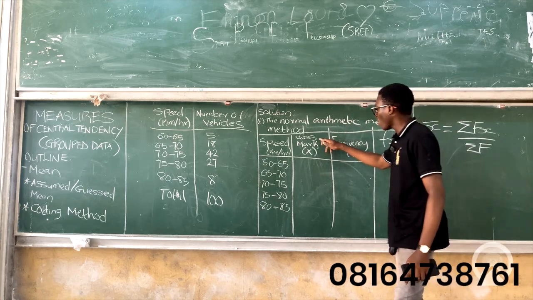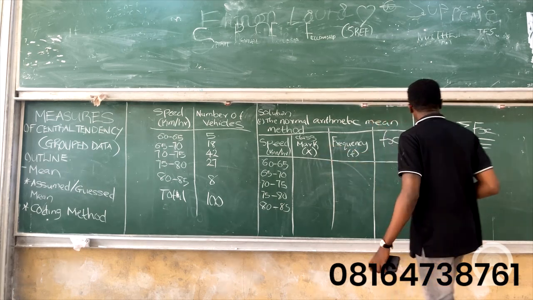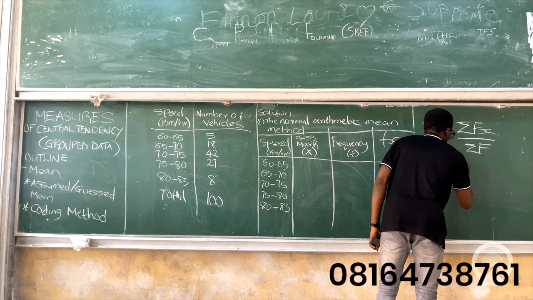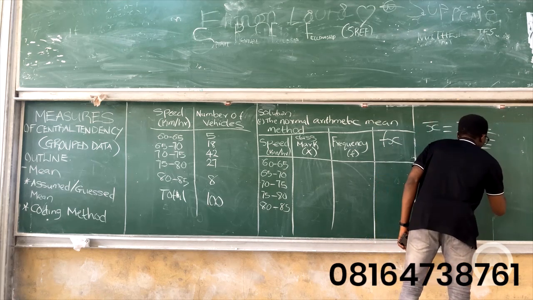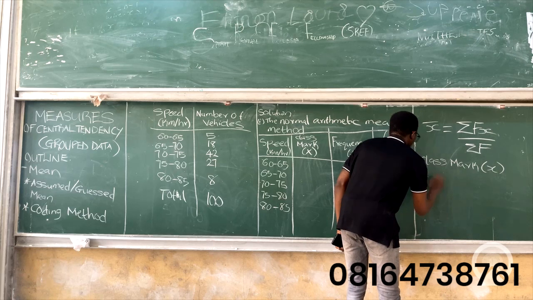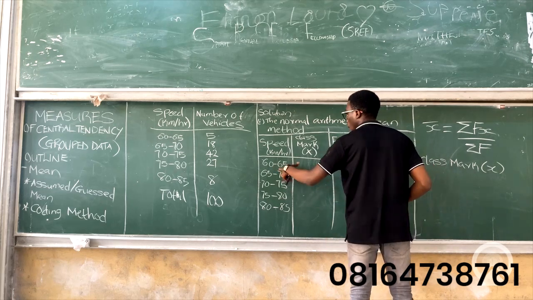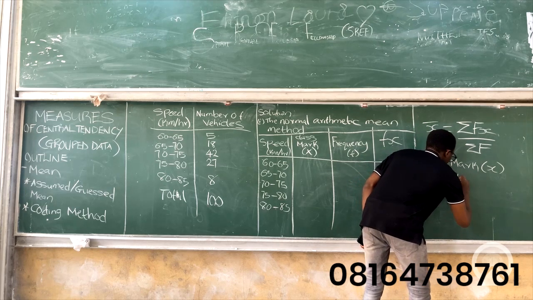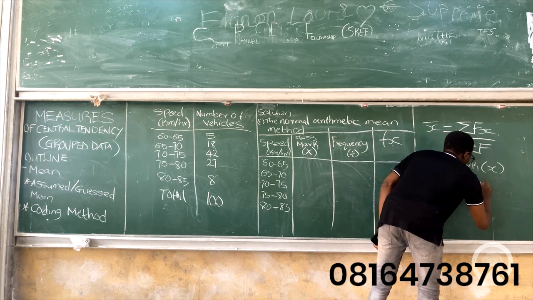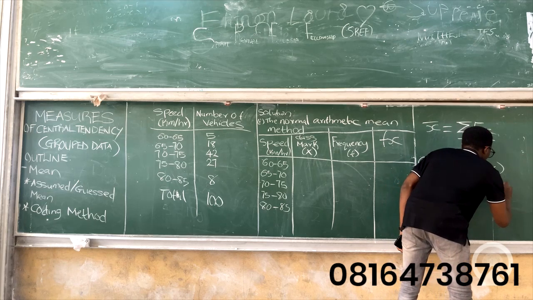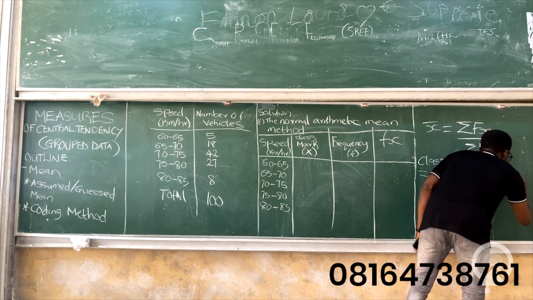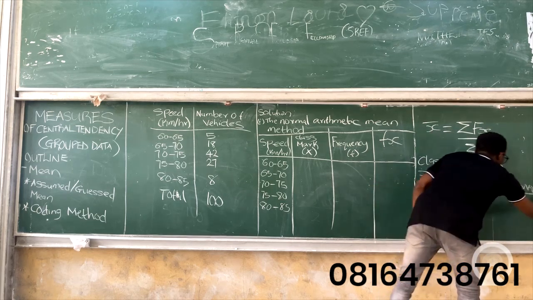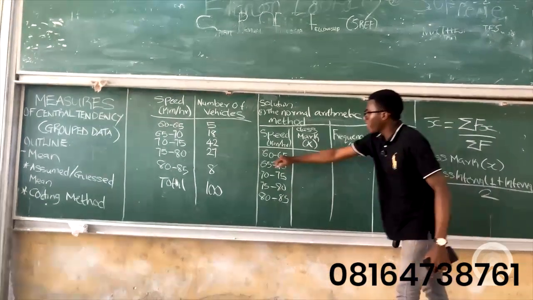Now, to get our class mark, which is x, it should be noted that class mark x is equal to the summation of the class intervals, which is class interval 1 plus interval 2, all divided by 2 for a particular class.